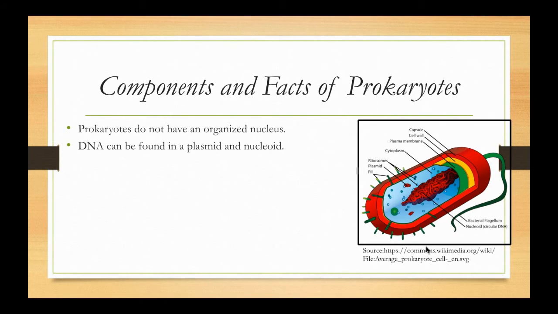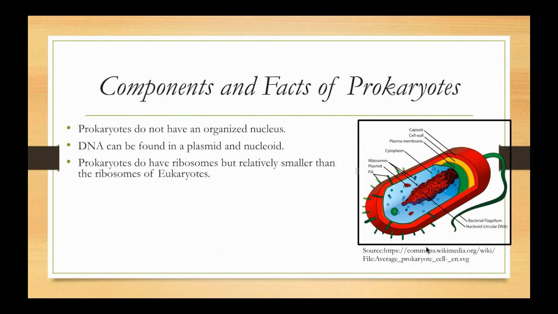So people call it not a true DNA, but technically because it has genetic material in it, I would call it a DNA. So anyway, plasmid and nucleoid both have DNA for prokaryotes because they don't have an organized nucleus. Oh, and by the way, plasmid does replicate by itself. That's an interesting thing as well.